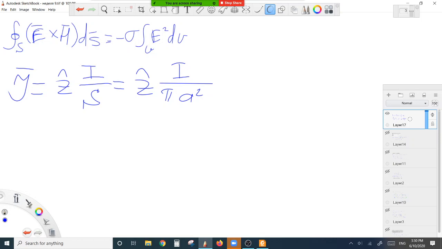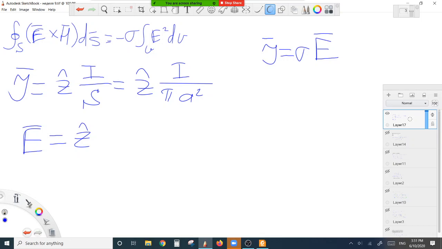So inside the conductor, J is equal to sigma E, and this is directed in the z direction. Therefore, the electric field intensity is also directed in the z direction, and is equal to J over sigma.